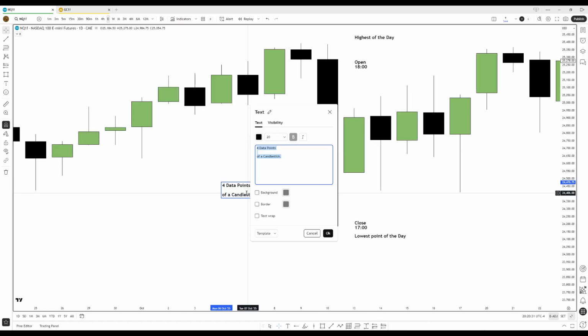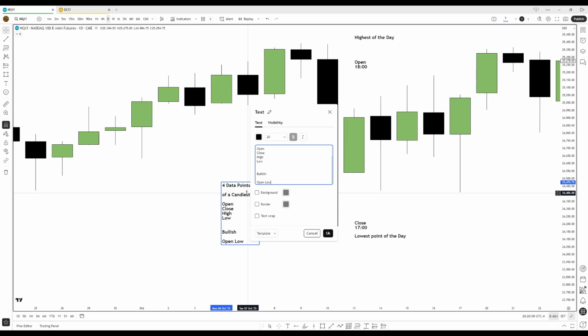Can you help me out really quick? Can you repeat what the 4 points of a candlestick are? Open, close, high, and low. Okay, so I need 2 categories for these. I need to organize these in order to know what they represent. So bullish would be open, low, high, close.